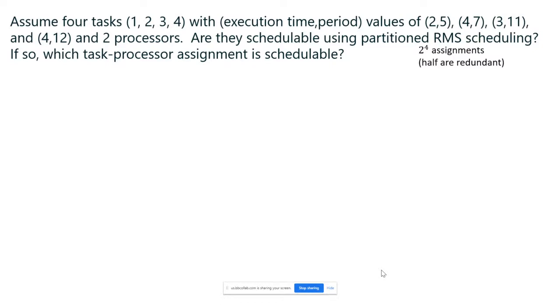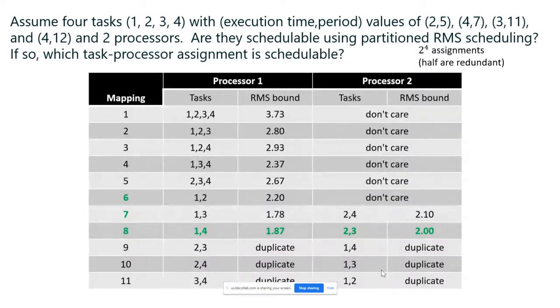So there are redundant mappings, which are kind of like the mirror image. If you just take the 2 processors and swap them, obviously, that doesn't make an important distinction. So actually, there's only 8 ways. It's actually 2 to the 4th divided by 2.